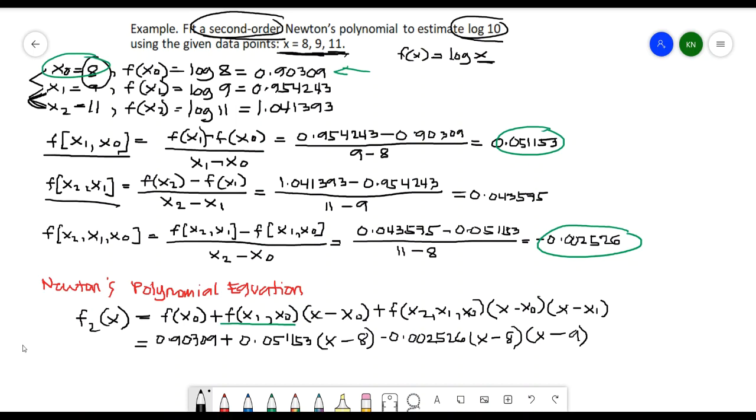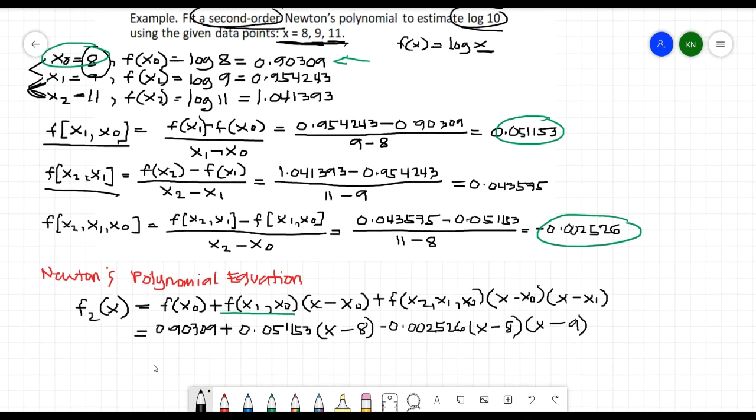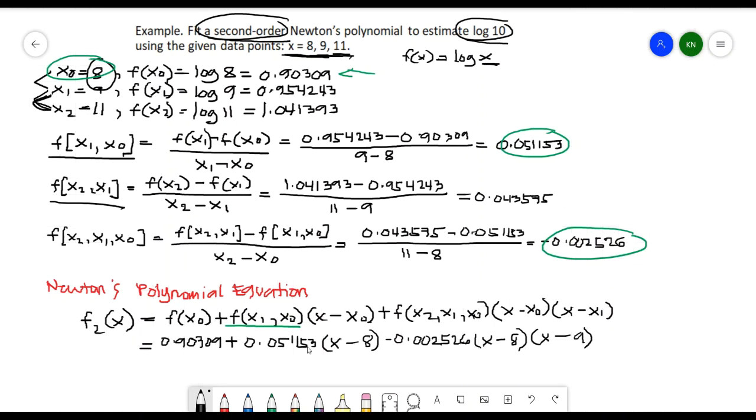We cannot solve this yet because we don't have the value of x. But from our problem, we have: fit a second order Newton's polynomial to estimate log 10.